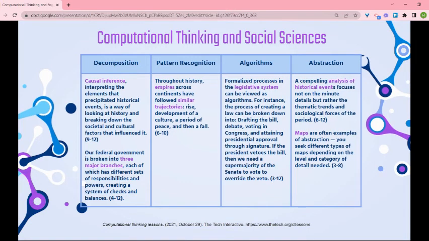probably the most common look at abstraction would be maps. If you think about it, different maps have different purposes, right? And so you need different details depending on what your purpose is for that map. If I want to know the physical features of Maine, I don't need a map that has all the roads and highways, right?